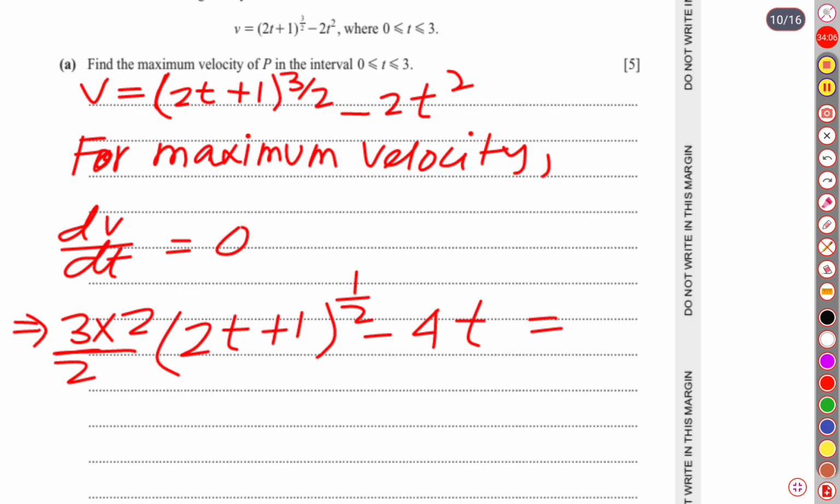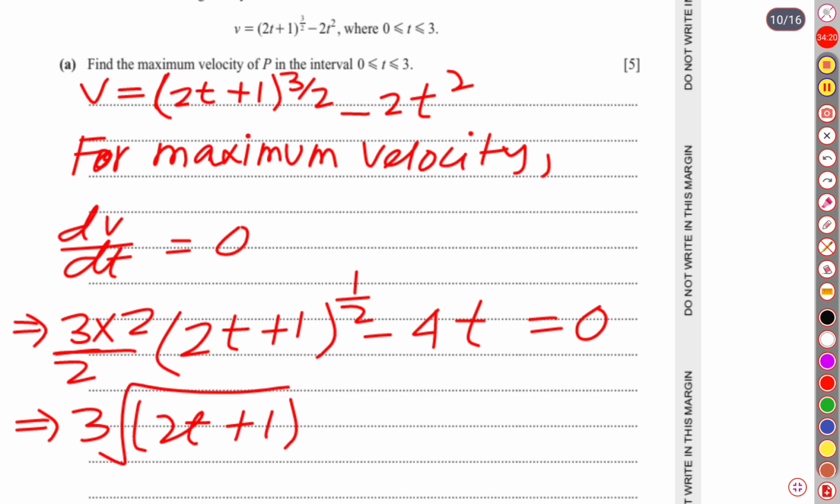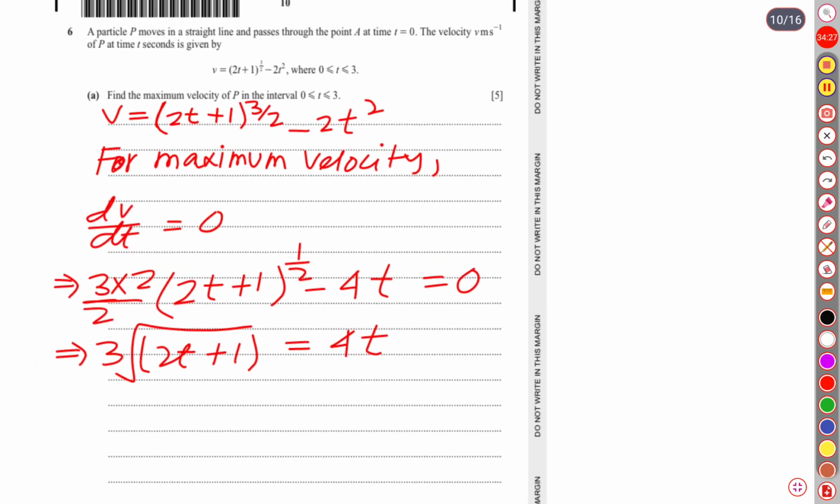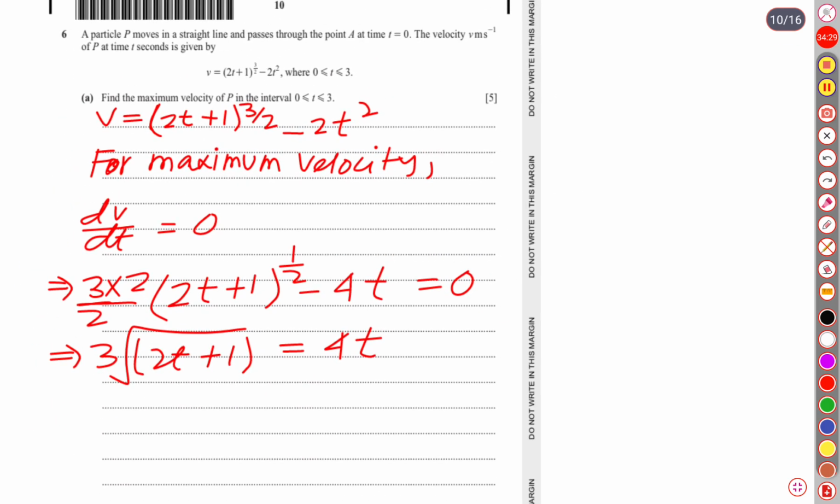And right side is our 0, so it is going to be 3 into the square root of (2t plus 1) equal to 4t. Now to remove this square root, we can square both sides, so it is going to be 9 into (2t plus 1) equal to 16t squared.